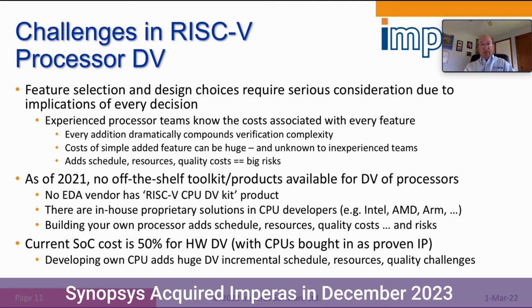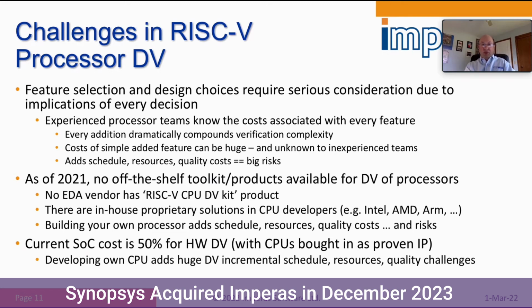Every addition dramatically compounds the verification complexity. The cost of even a simple added feature can be huge and unknown to inexperienced teams. So what we're seeing is additional schedule, resource, and quality costs. We're seeing big risks. So you need to do DV.